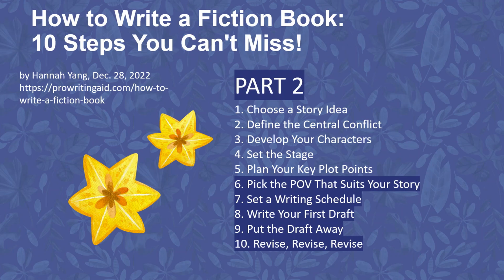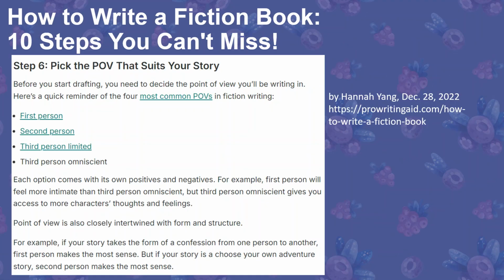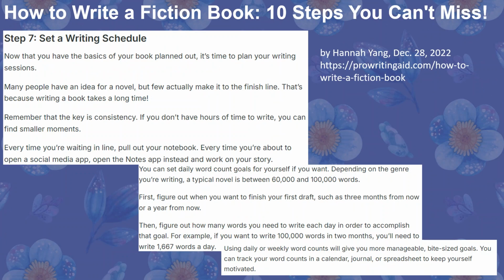So part 2 was pick the POV that suits your story, set a writing schedule, write your first draft, put the draft away, revise, revise, revise. And so that is part 2. And then that concludes the entirety of this ProWritingAid article. 10 Steps You Can't Miss, exclamation point, by the way.